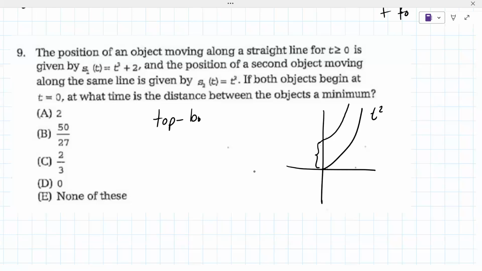The distance between the two curves, basically. Yeah, top minus bottom. So the top is t cubed plus 2 minus the bottom, t squared. To minimize or maximize, you take the derivative.